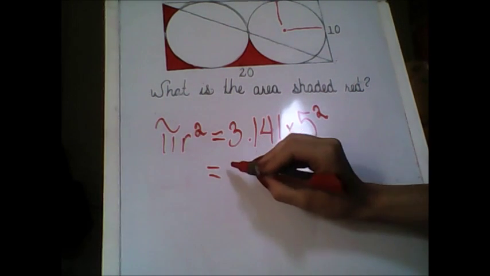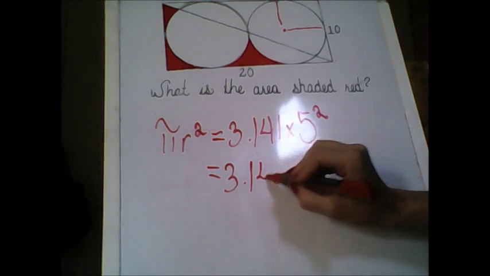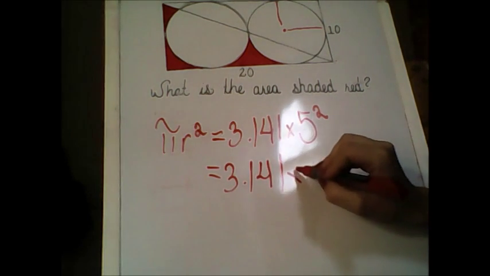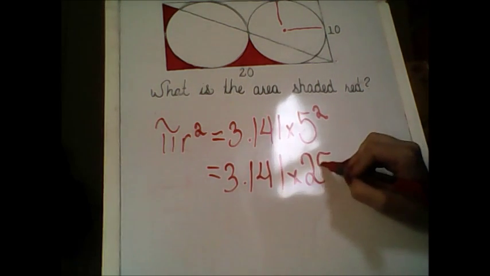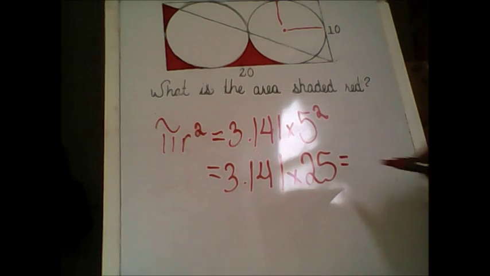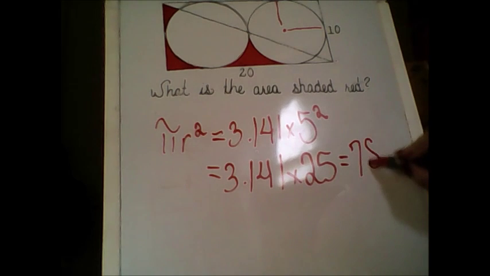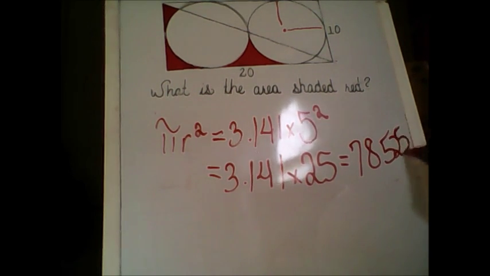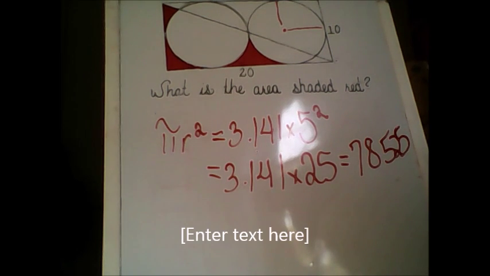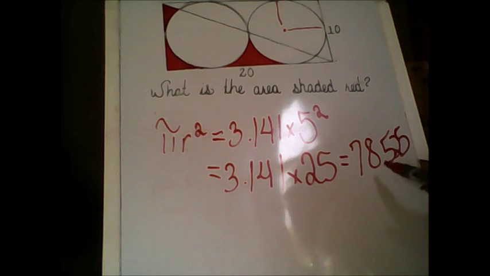So this is really 3.141 times 25, and what that comes out to is 78.525. Sorry, I ran out of room there. Now we have to stop and look at what this 78.525 is giving us.